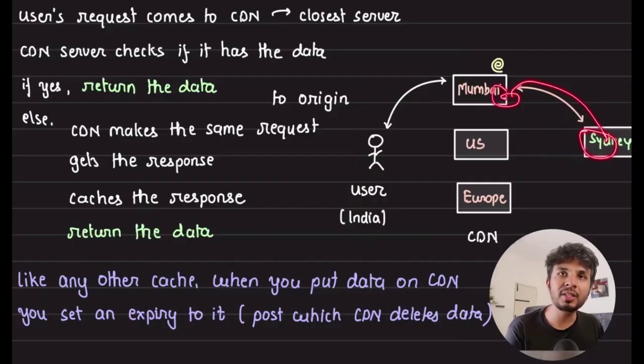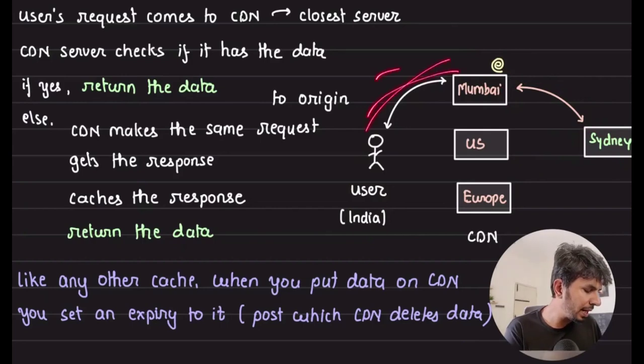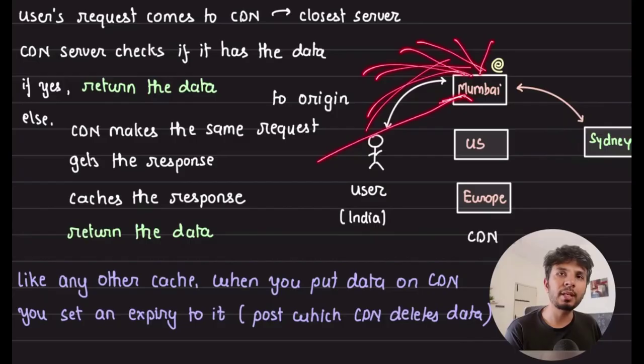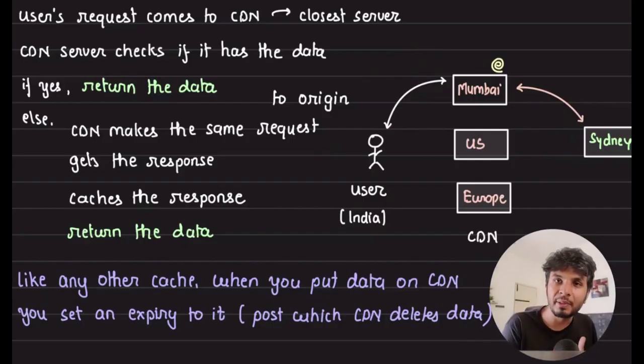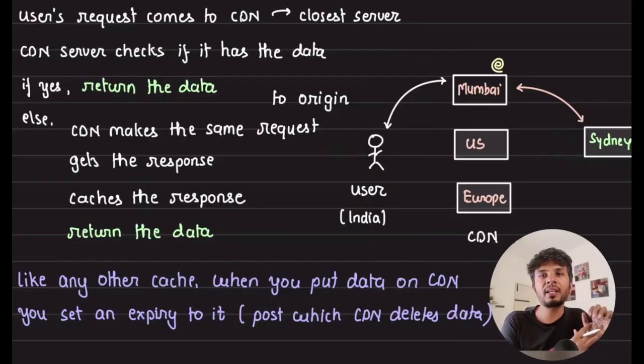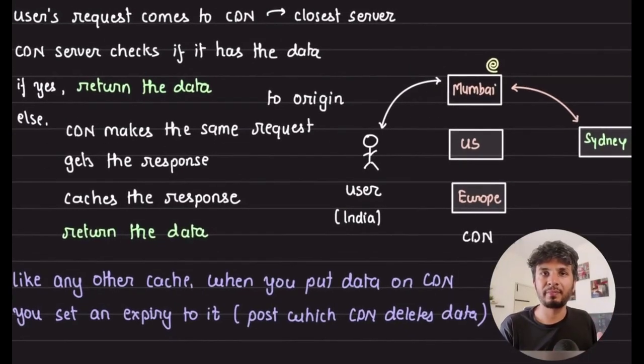Now here you see the request from the user did go to Sydney, but via CDN. Because it went via CDN, the CDN was able to cache the response that it got. Now subsequent requests coming from anyone from India to this Mumbai server would not have to go to Sydney, but would be directly served from the Mumbai server, minimizing the latency to the maximum. It's very close to anyone in India, very low latency. You get the best experience out there, right?